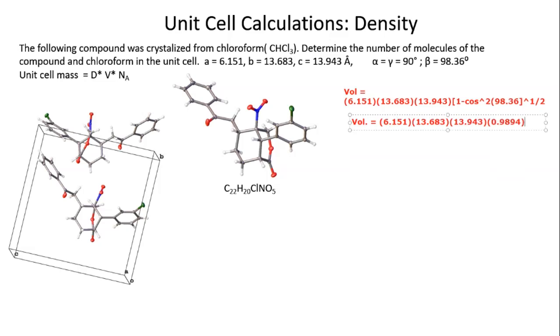Now we've simplified the square root term. So volume, so we get the volume as 1161 angstroms cubed.